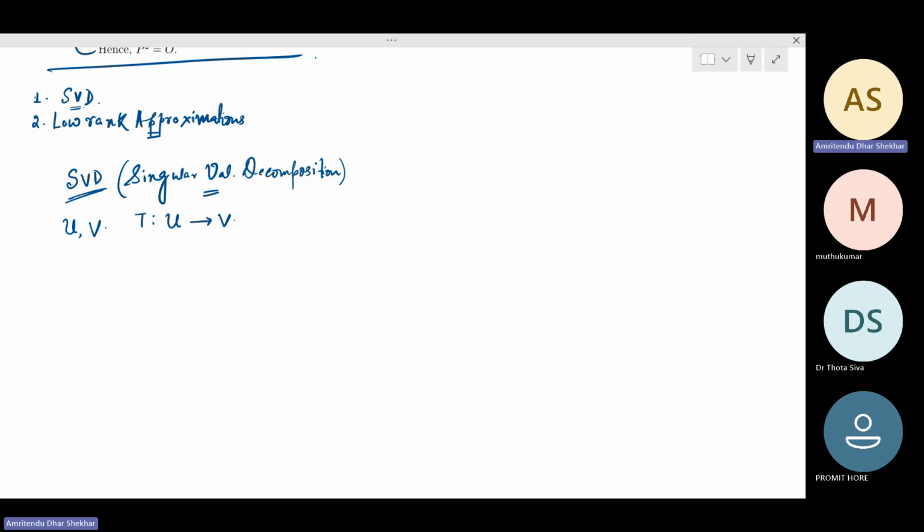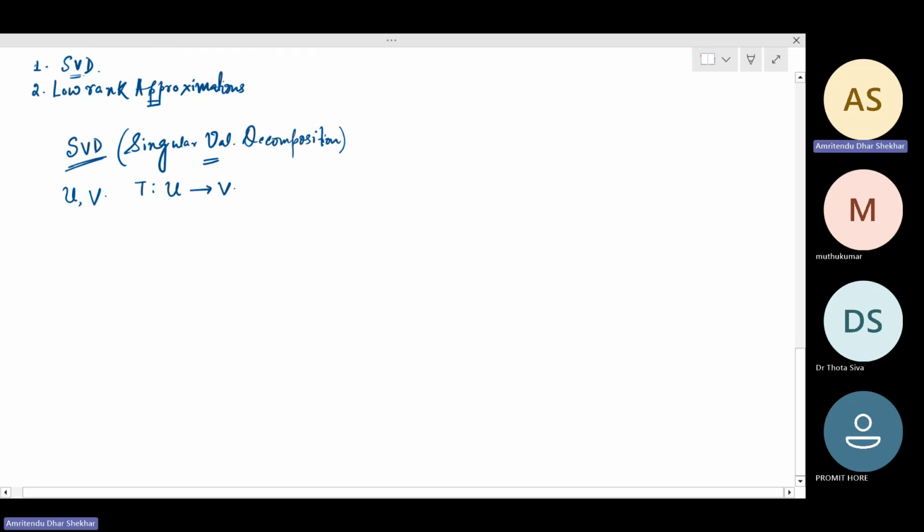The statement is that if you have any such linear map from U to V, then there exists... okay, let's not use U and V. Let's use X and Y. There's a reason why.